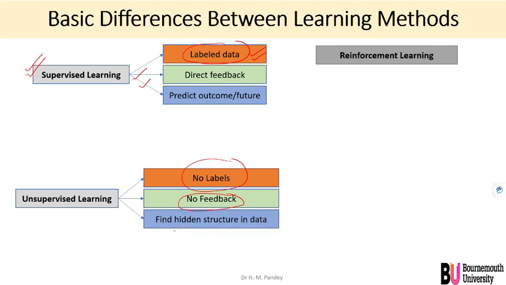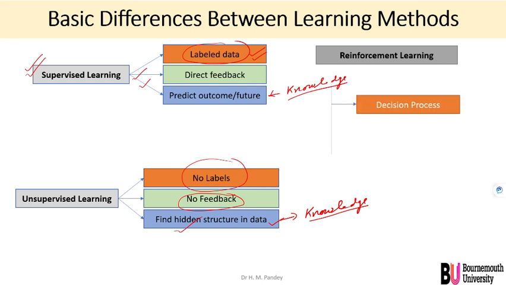You find information or knowledge from the hidden structure in the data, whereas in supervised learning, since the label is given, you get feedback, so finding knowledge from the data is much easier. But it doesn't mean that it is easy to implement supervised or unsupervised learning. Both have almost the same difficulty level.